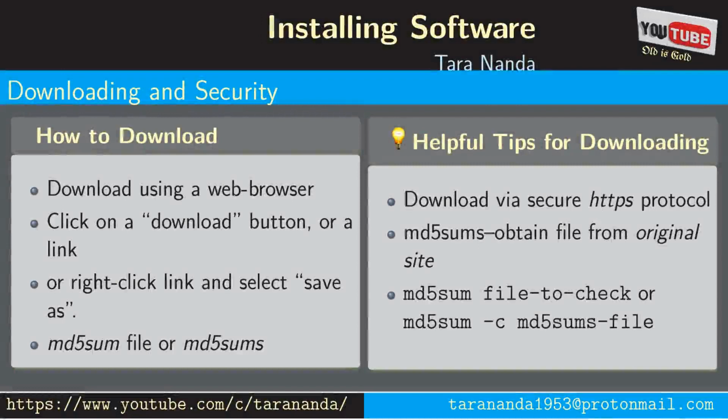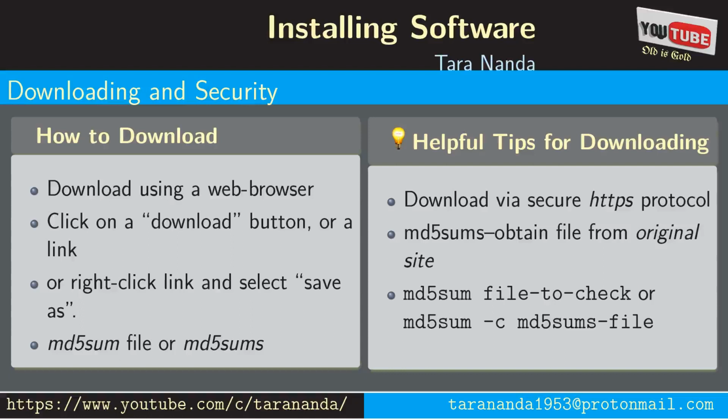Downloading source code is a simple one click process. You go to the website, either there will be a download button, you click on it, or there will be a link. You right click and select Save As.